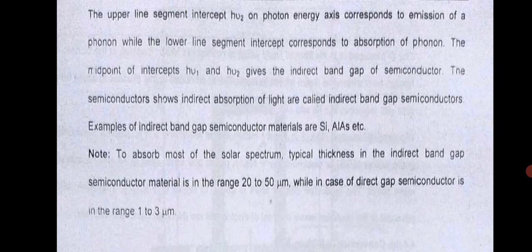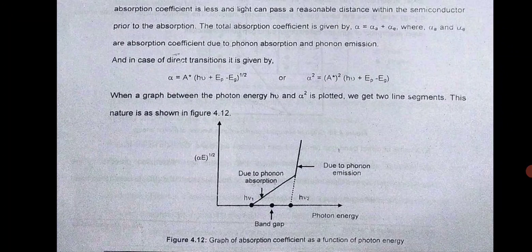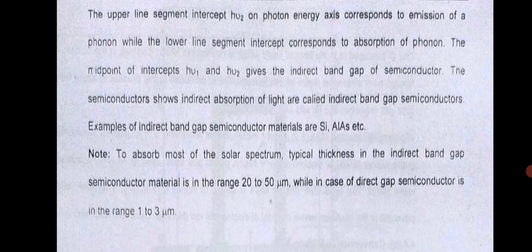The midpoint of the intercepts h nu 1 and h nu 2 gives the indirect band gap of the semiconductor. A semiconductor that shows indirect absorption of light is called an indirect band gap semiconductor. Examples of indirect band gap semiconductors are silicon, aluminum arsenide, etc.